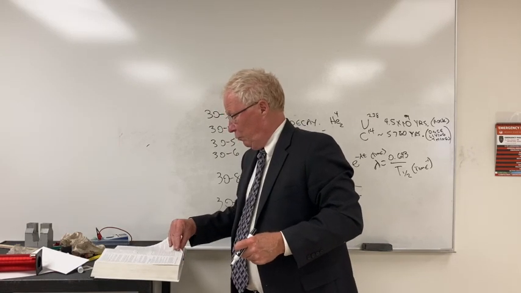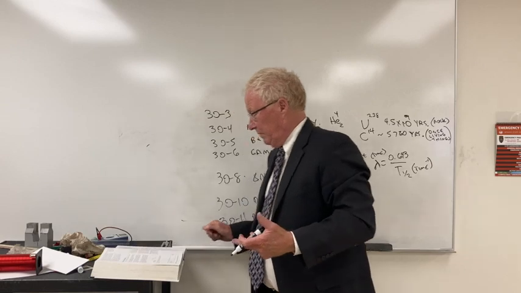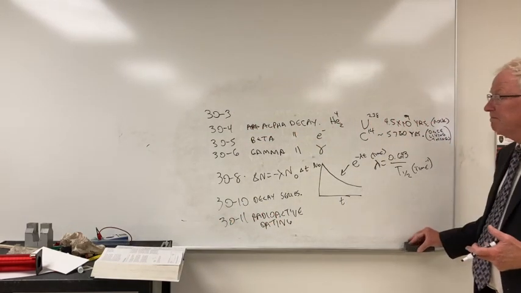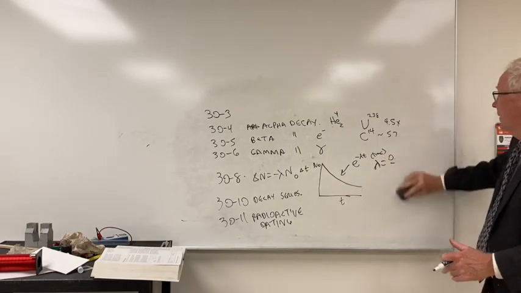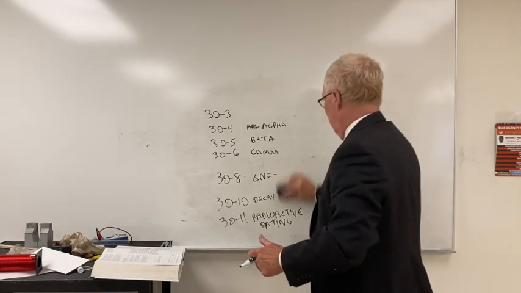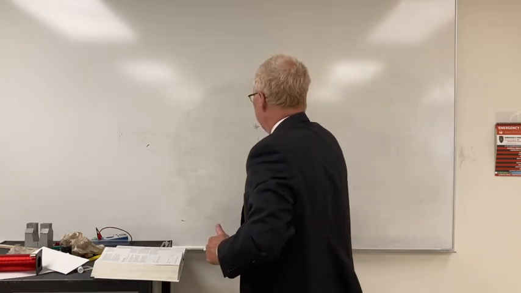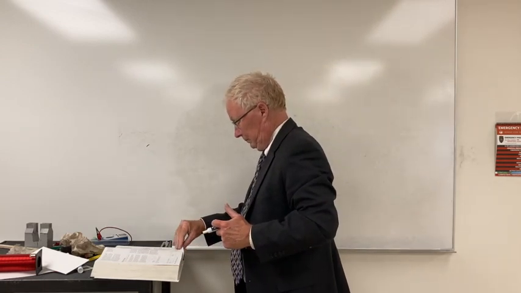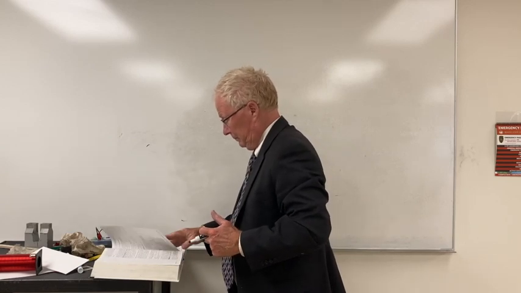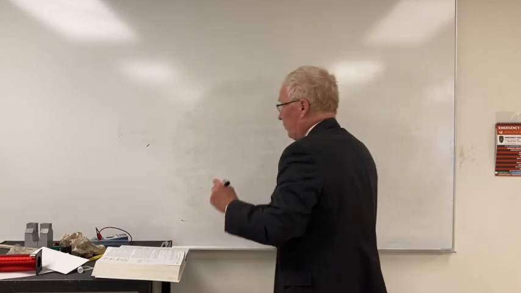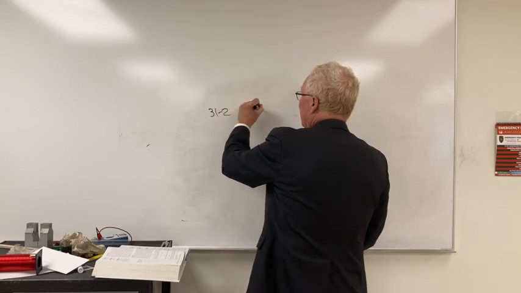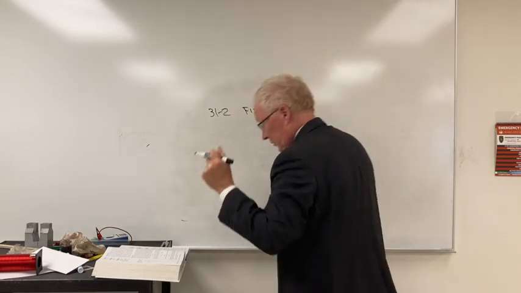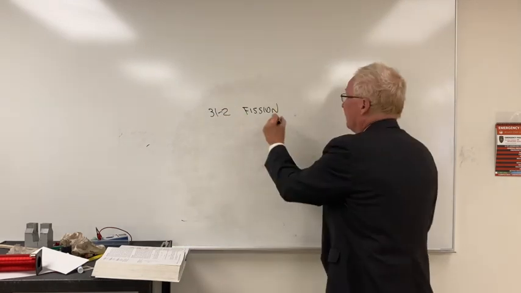All right, then chapter 31, which is again the final chapter for the semester. So this is all just radioactive decay. And chapter 31 deals with fission. And this deals with the example of uranium.